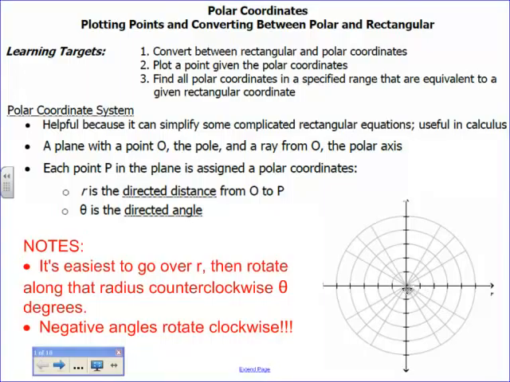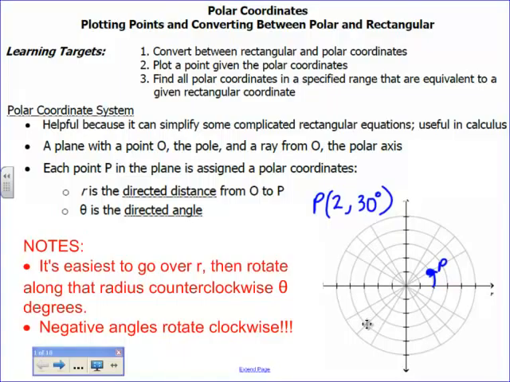So for example, if I were to plot the point 2, 30 degrees, I would go to the right 2 and I would rotate along that axis to the 30-degree mark. So here's my point P. Couple of notes that you might want to add for yourself.